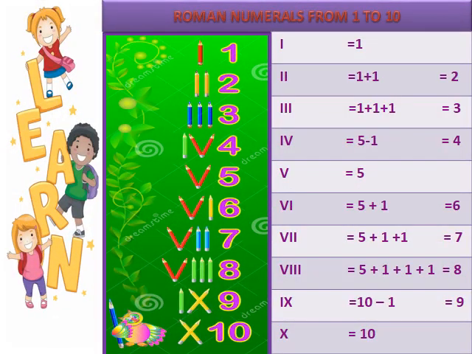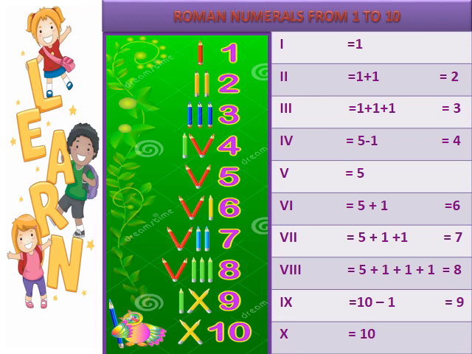Children, if you learn Roman numerals from 1 to 10, then it will be very easy for you to write Roman numerals in Hindu-Arabic numerals and Hindu-Arabic numerals in Roman numerals. Now look at the chart shown. I stands for 1. II is equal to 1 plus 1, 2.